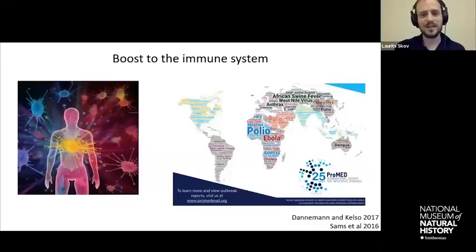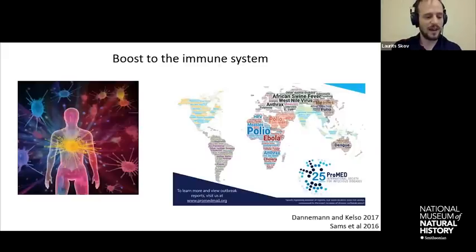And if you can go to the next slide. So another very prominent example of a positive impact that Neanderthal and Denisovan DNA has had on modern humans is they have boosted our immune system. And so here I'm showing you a different map of the prevalence of different types of infectious diseases all over the world. And this is what it looks like today. You could imagine that it looked very different 50,000 years ago when humans were first leaving Africa.